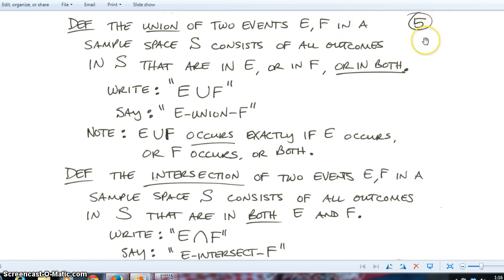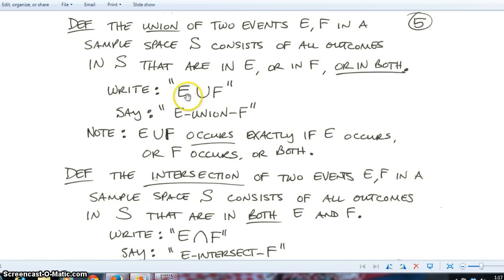Now, it's true, there may be an ingredient that's in both pots. Maybe you have some salt in both of them. Salt in one, salt in the other. Well, you mix them, you put them into the big pot, there's still salt there. But it doesn't make sense to say that you have salt twice. There's just salt. So if it's in both, it's just in the union. It's not in the union twice.